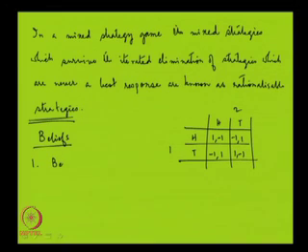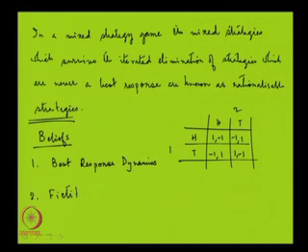One can be discussed, which is called the best response dynamics, and the second is known as fictitious play. So, let us start with this first one, best response dynamics.